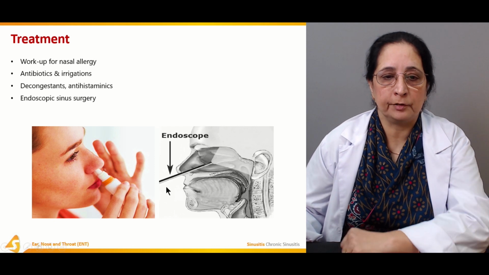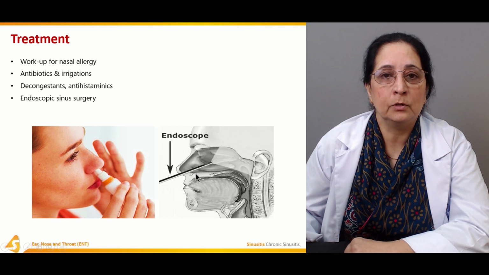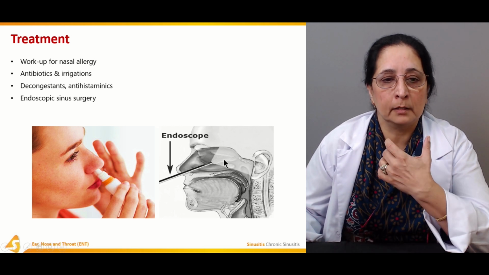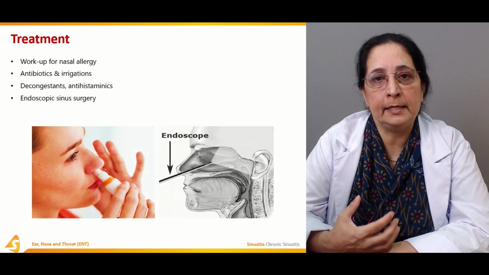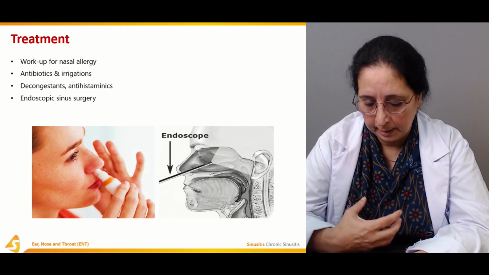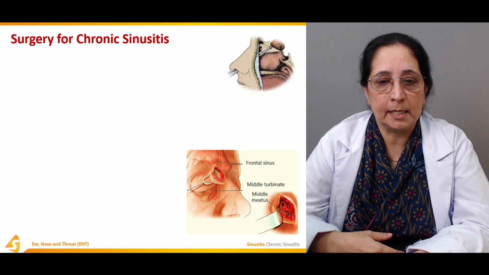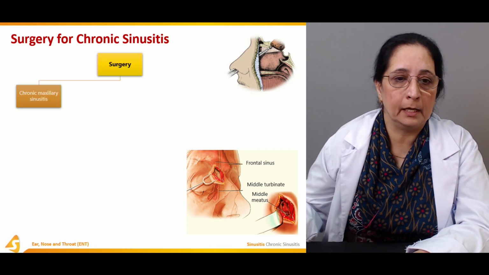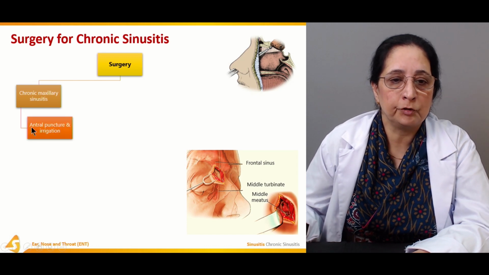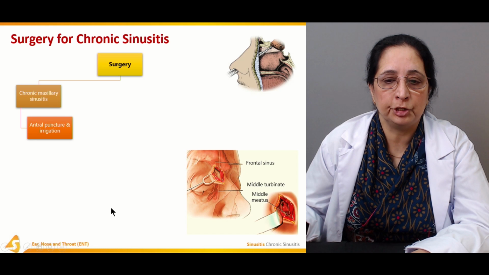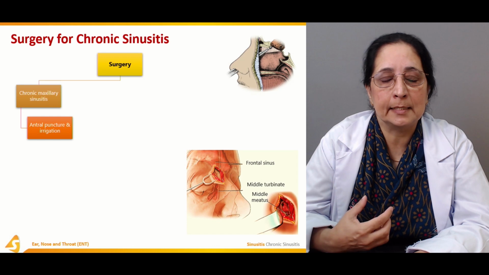Endoscopic sinus surgery. This is the endoscope, and the endoscopic procedure is performed. Sinus surgery is performed to clear the sinus of any obstruction or discharges. Surgery for chronic sinusitis. We have chronic maxillary sinusitis. We do the antral puncture and irrigation to open the opening of the maxillary sinus.